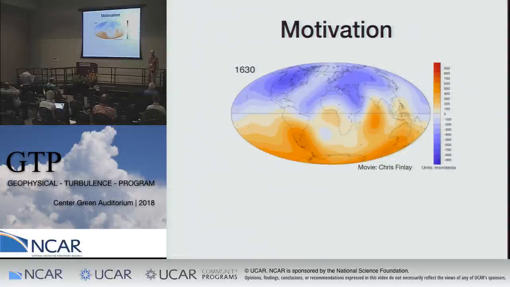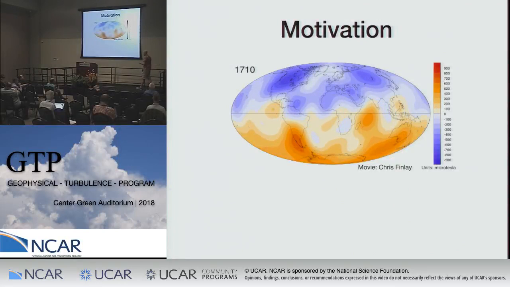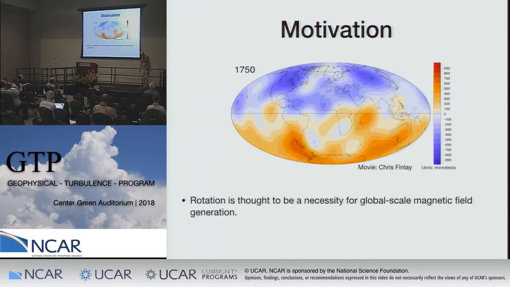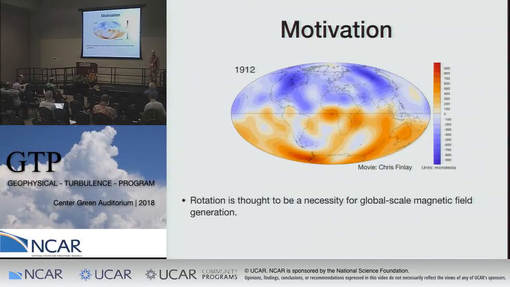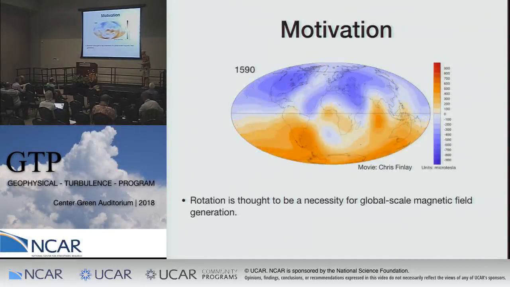It also has a strongly dipolar, very large-scale field. And we know from theoretical investigations that rotation plays a fundamental role in the generation of global-scale magnetic fields for both planets and stars, and our work builds upon this as well.